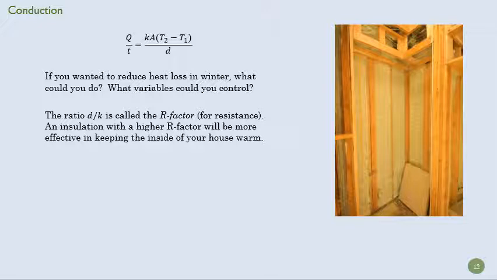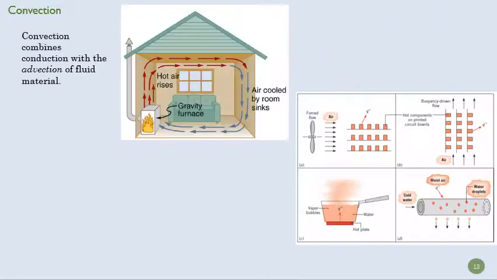So if you're thinking about putting in insulation and you go to the hardware store, you'll see insulations rated with an R factor, and basically that's an expression of this ratio, telling you how good it's going to be at keeping heat from moving from one side of your wall to the other side. All right, so that's conduction.